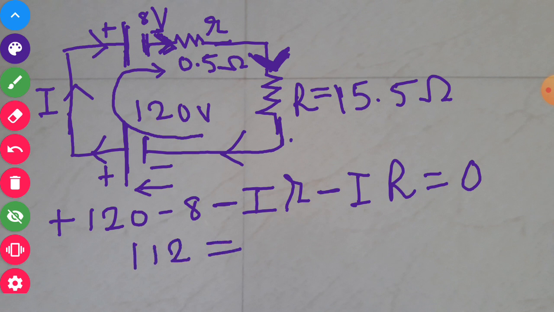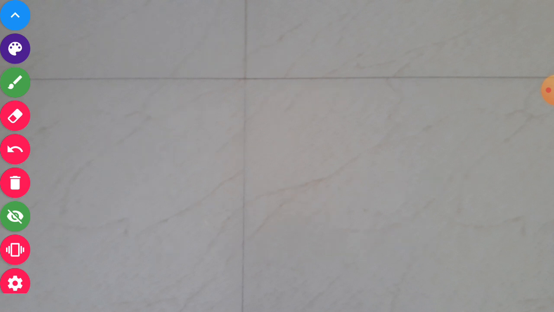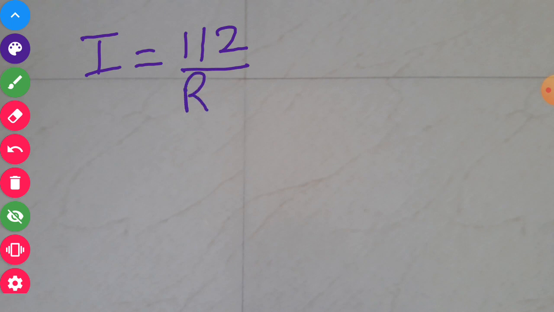Now 120 minus 8 is easy, 112. On the other side you can take these two terms, I can be taken common, it becomes R plus r. Now you can easily find the value of I. I is equal to 120 minus 8, that is 112, upon R plus r.